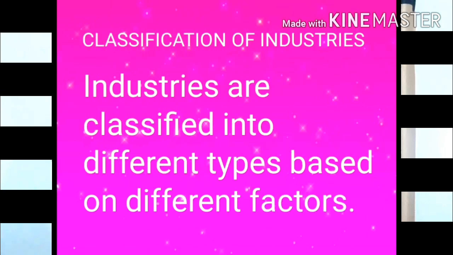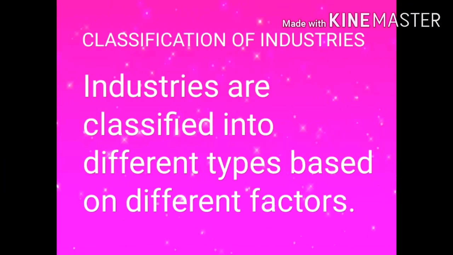Let us summarize the points again. Dear children, let us recall the question and answer we have discussed. You can write the question: what are the classifications of industries? And the answer: industries are classified into different types based on different factors.